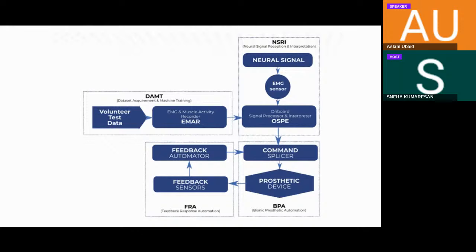It could be the same computer, and it is fed into the prosthetic device, and there is a feedback loop involved. When we touch something or grab something, the torque that we apply will cause a reaction, right? And this backward force is measured, and that's how the feedback loop works.